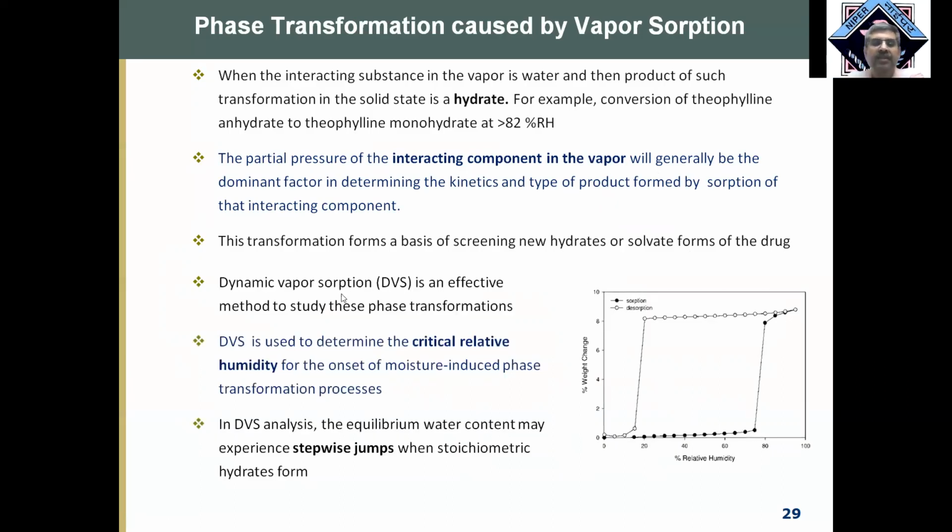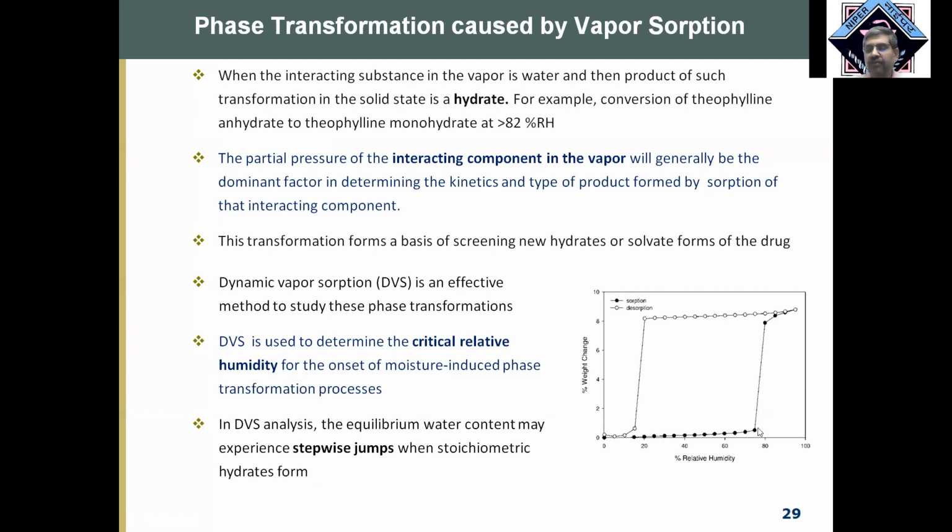Dynamic vapor sorption is an effective method to study this type of phase transformation. DVS is used to determine the critical relative humidity for the onset of moisture-induced phase transformation processes. In DVS analysis, the equilibrium water content may experience stepwise jumps when stoichiometric hydrates are formed, which is shown here in this example.